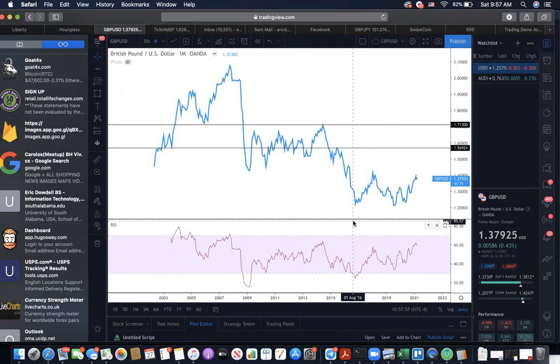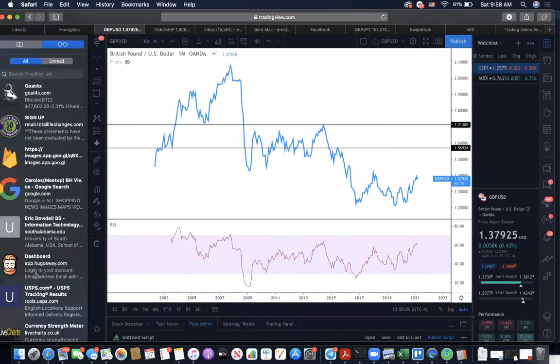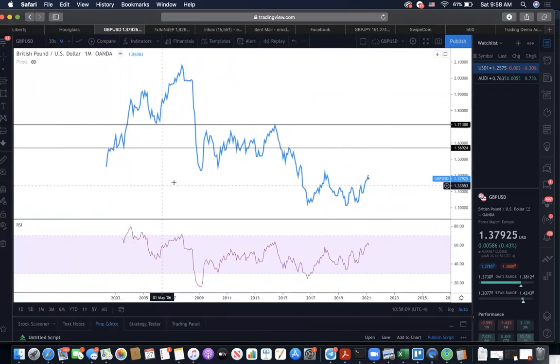Today I just want to talk to you guys about marking up your charts, and it's really not that hard. The reason why you want to mark up these levels, and I'm going to explain how to find them, is because when price gets to these levels, we tend to see different reactions.